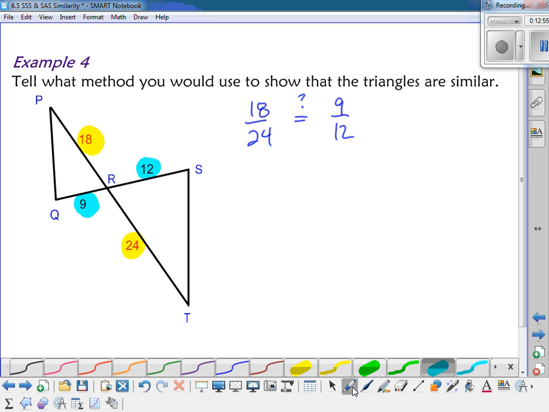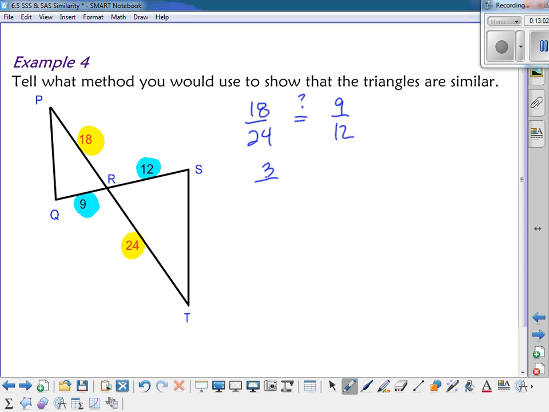So I can reduce both fractions. 6 goes into 18 3 times and into 24 4 times. And then 3 goes into 9 3 times and 12 4 times. So they reduce to the same fraction, so I know the sides are proportional.